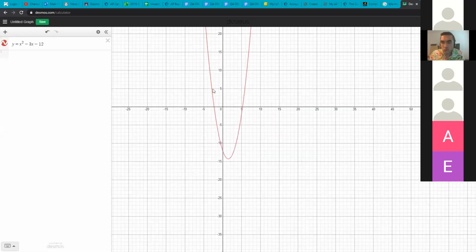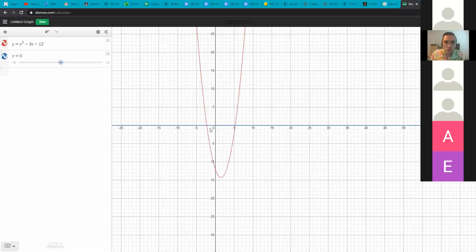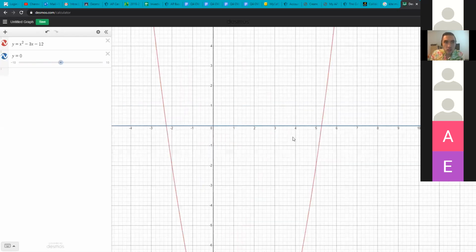Is this okay? Yeah. Okay, so when we solve a quadratic equation, what are we setting that quadratic equal to? 0. We're saying y is equal to 0, which is a flat line. And I don't know if you see it, but it just made it so that the x-axis is blue now. Yeah? Yeah.